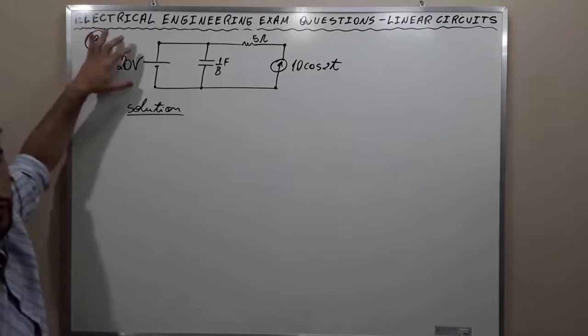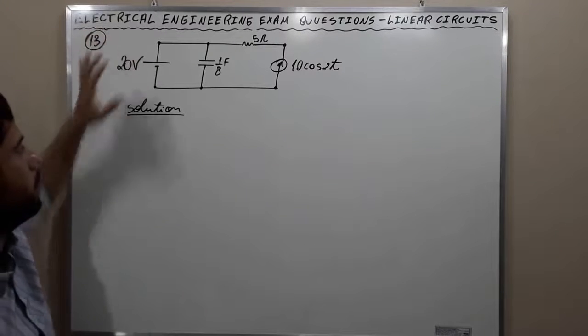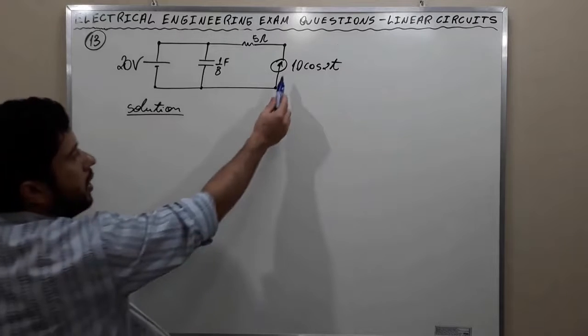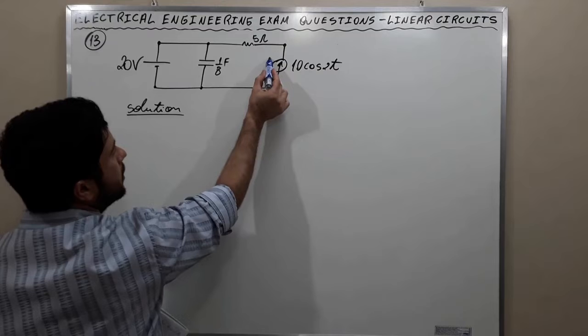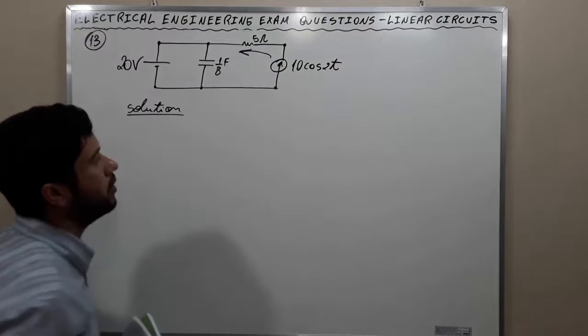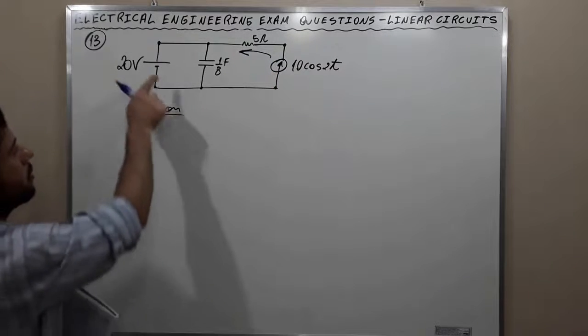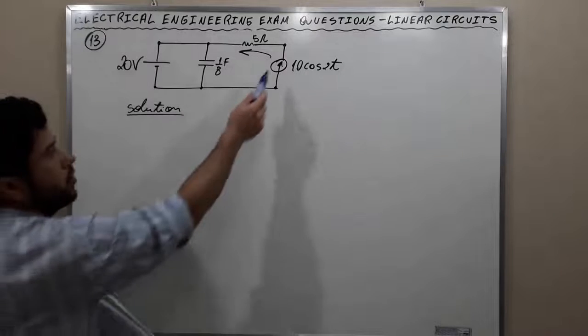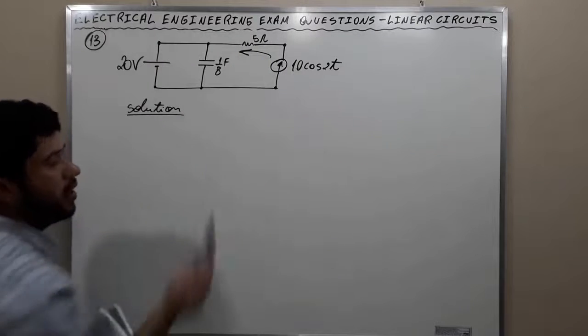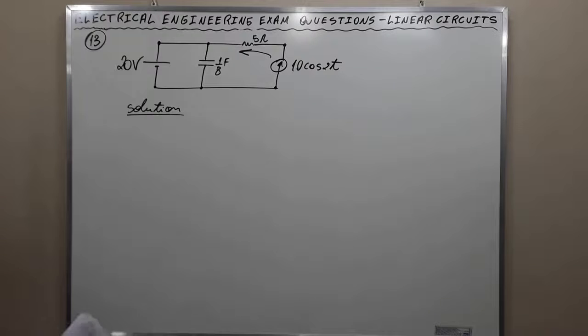Regardless of this voltage source here, the current of the current source is the only one that flows here. Okay? No other current goes there. The only current that flows in this branch here is the current of the current source. Okay?